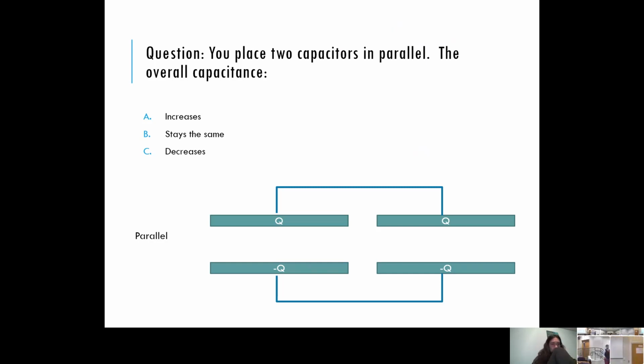So with series, we said if the charge goes through the path, to get to the second capacitor, it has to go through the first. Just like I gave the example of the World Series: before you get to game 7, you have to go through games 1 through 6. That is the only way to get to game 7.